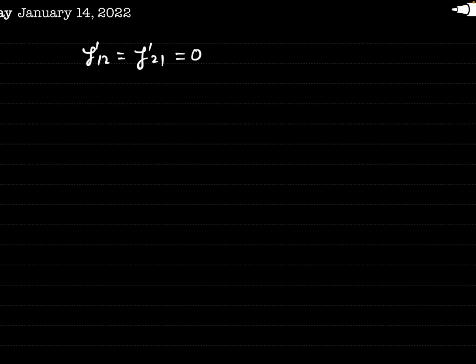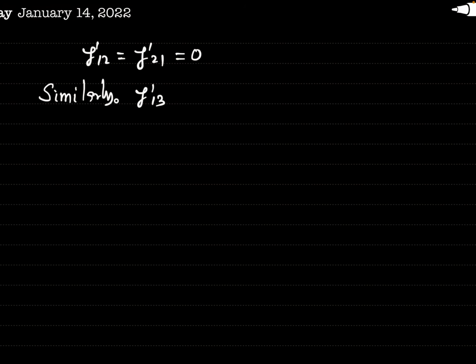In fact, in similar manner, if you try to find the other components of this metric tensor when mu and nu are different, you will find that all of them are 0. So I am not working out the calculation to get the values of those, but you can try.